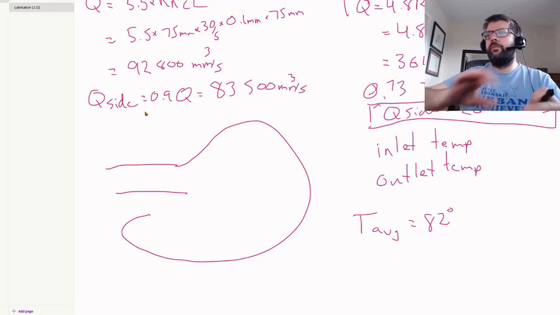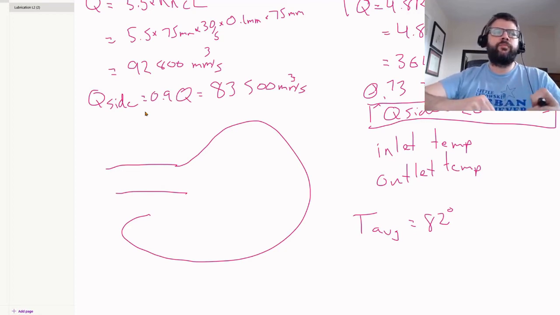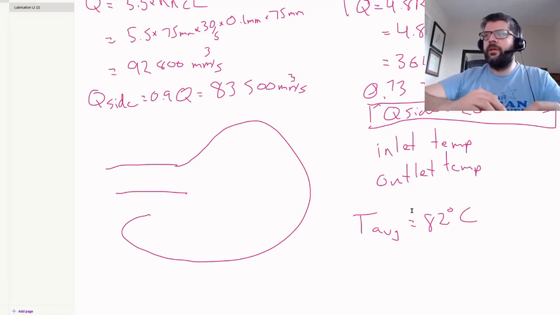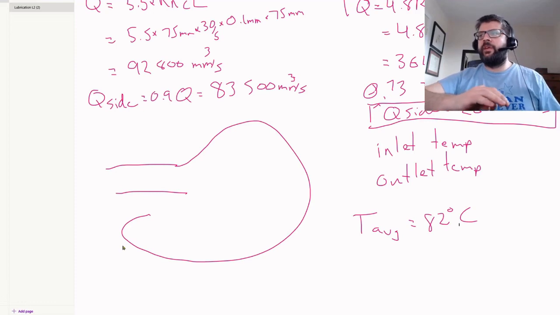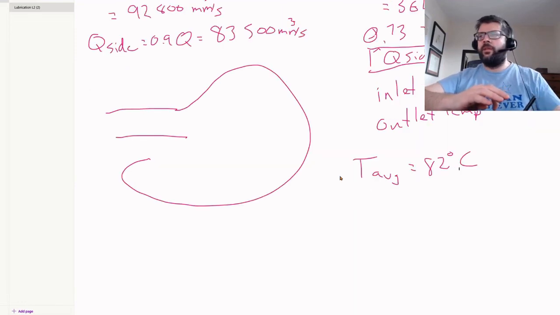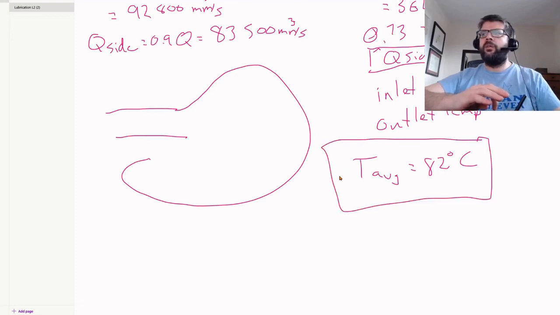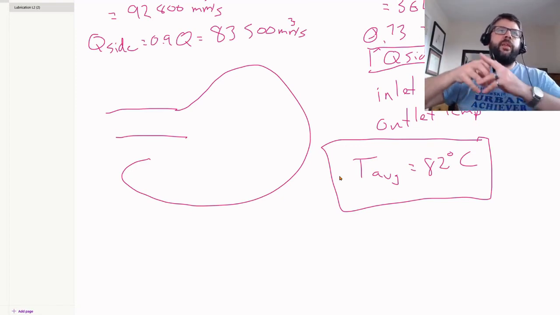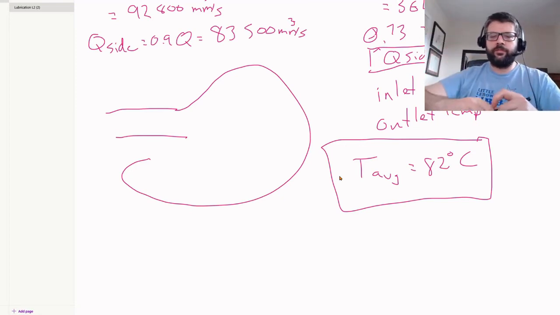Now that's the average of everything. So that is basically the average temperature of the mixed portion of the recirculated oil and the stuff that had been cooled, and then the outlet for everything.